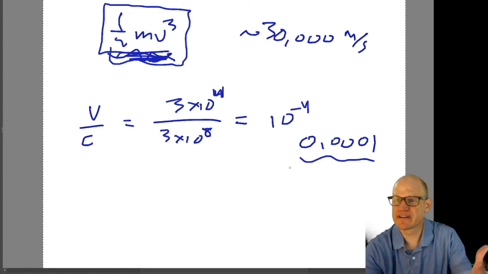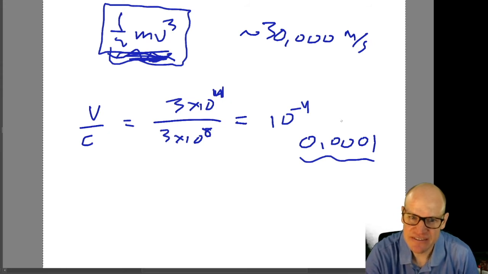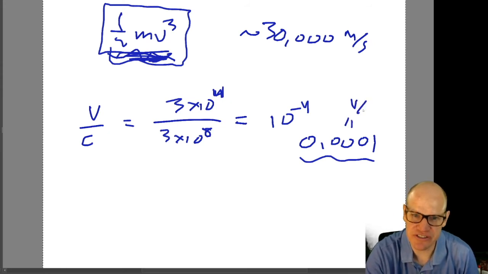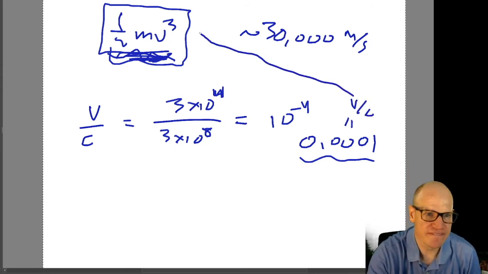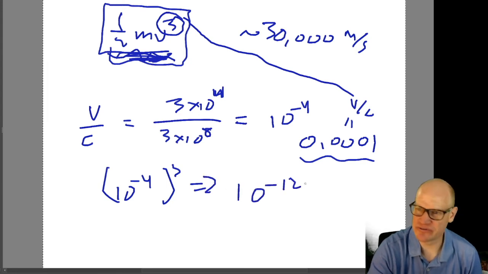But we can make measurements that are better than that. However, this is v over c, and we need to cube that. That's 10 to the minus 4. When we cube that, that gets us 10 to the minus 12.